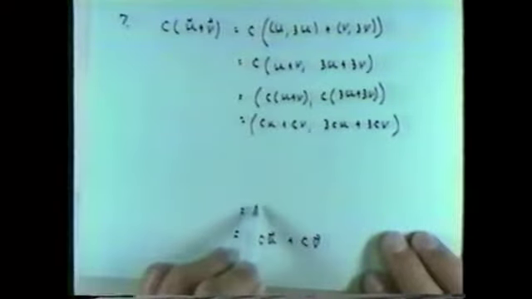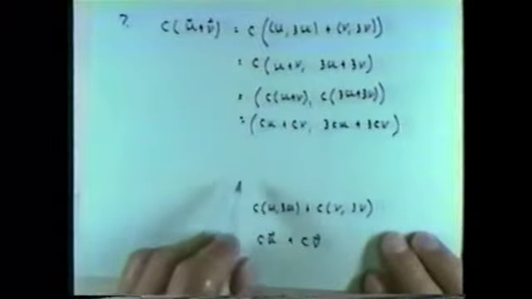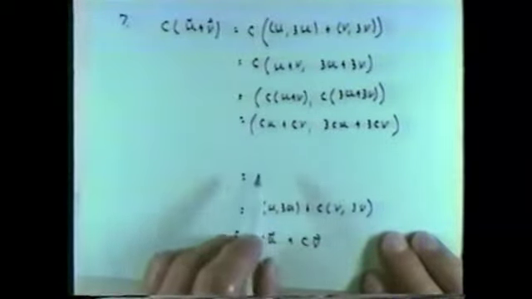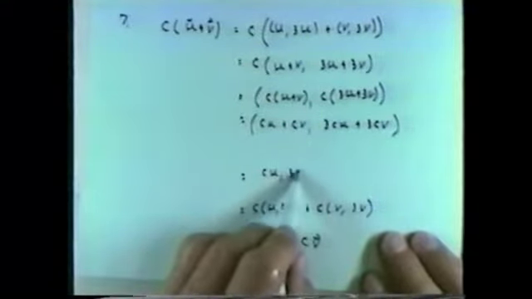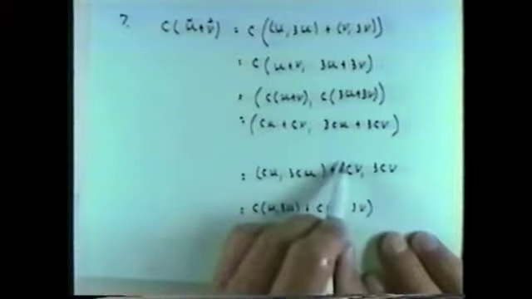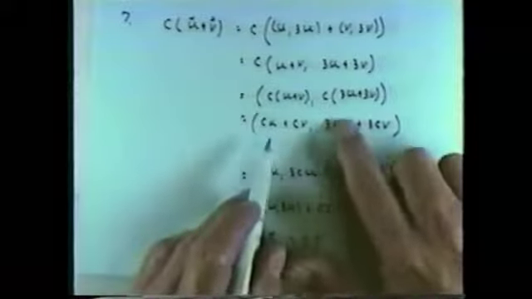If I work back, this would be (cu, 3cu) plus (cv, 3cv), which if I go up I get that step.